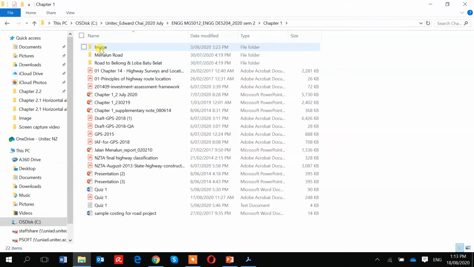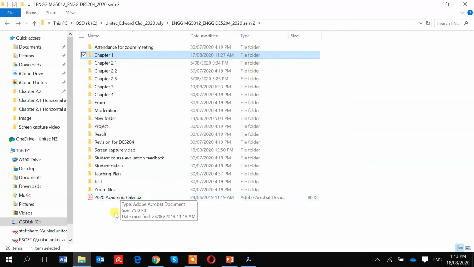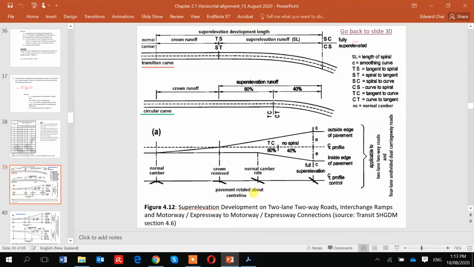Actually, that one, if you go and look at the model, I didn't open the model. Inside they have the road project. If you look at the plan and profile, under the long section, the bottom part of the long section table, they show the super elevation as well.